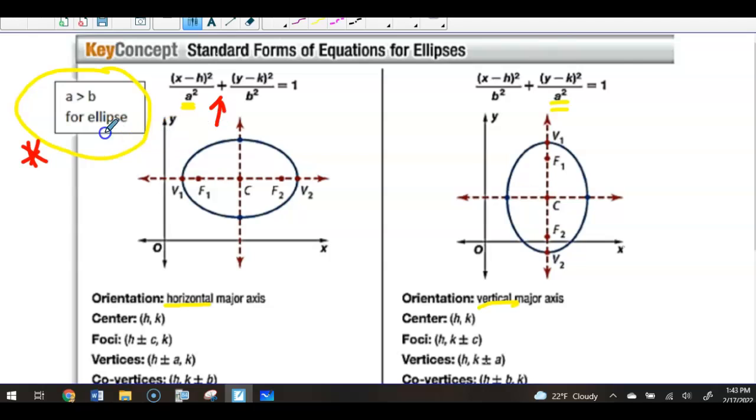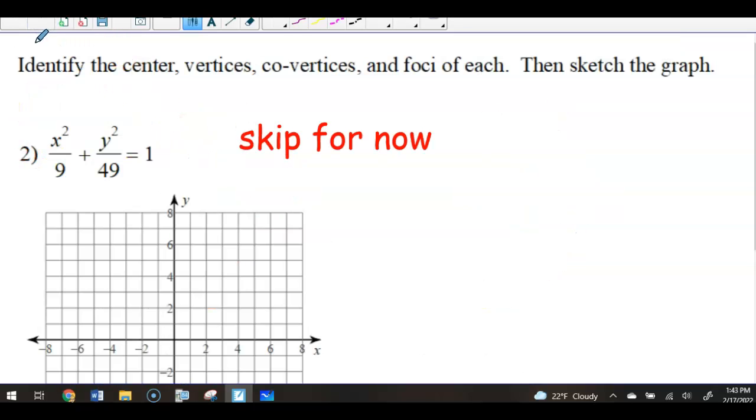But the other thing is that for a hyperbola, the a squared is always under that first term, and the minus is here, and the b squared is always at the back. But for an ellipse, a squared could be either of these places because it's simply the bigger value, okay? So whichever is bigger of the a squared and b squared tells you which direction you're going to go further in, okay?